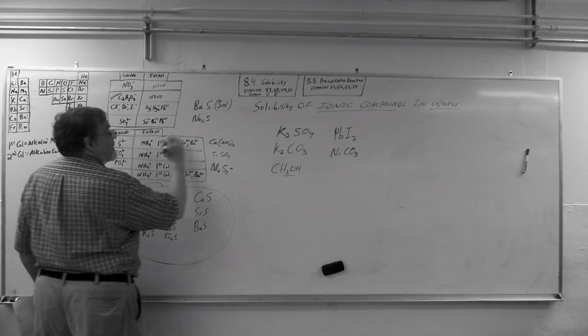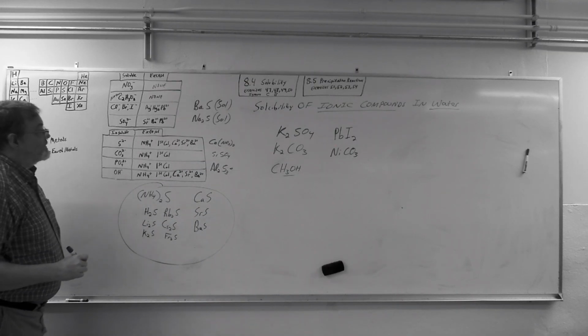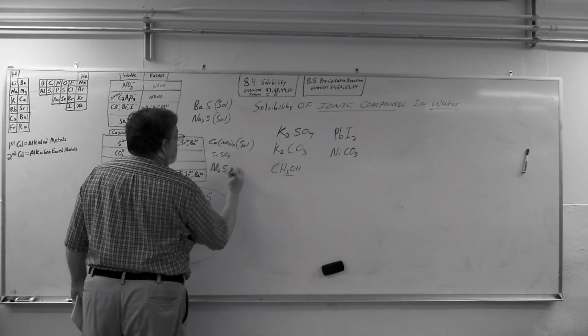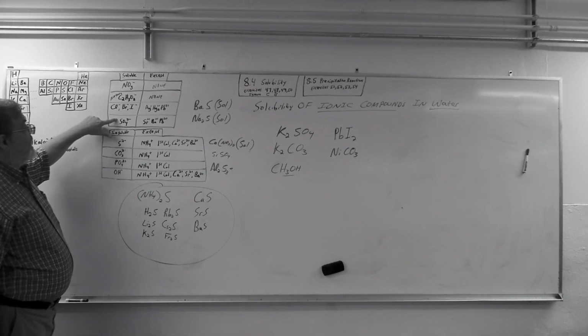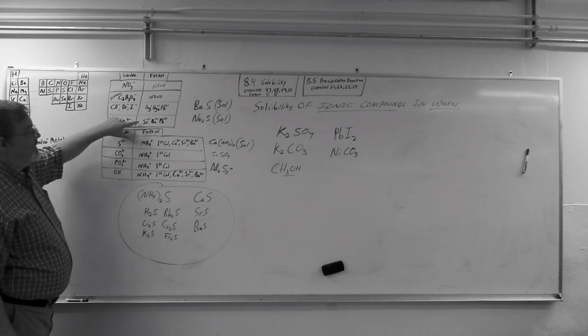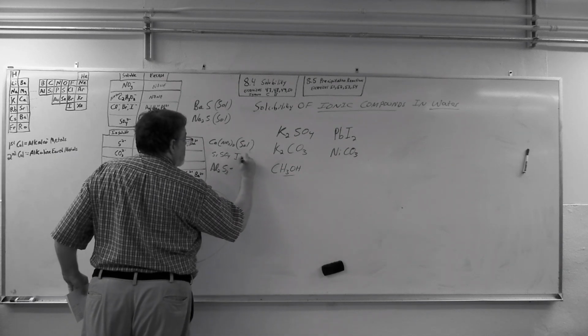So it's one of the exceptions, so this is soluble. Calcium nitrate, everything nitrate is soluble. SO4 is here. Everything sulfate is soluble except for these. And that's one of the exceptions, strontium. So this is insoluble.